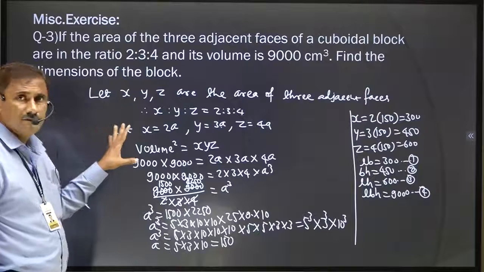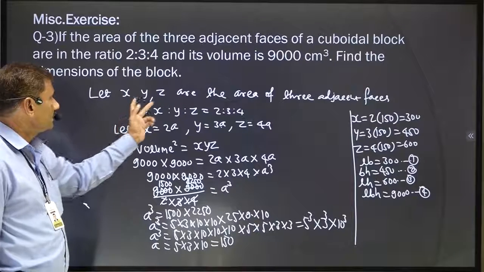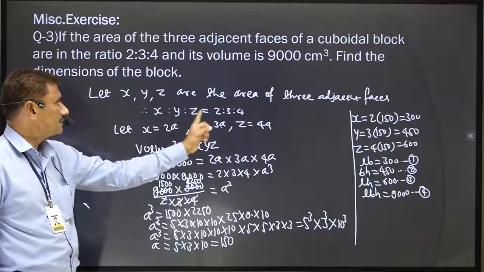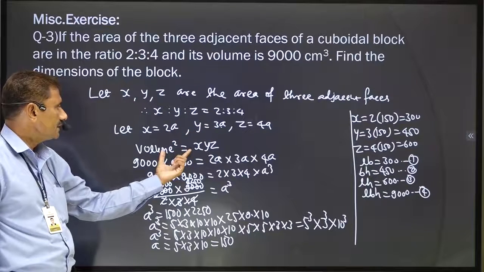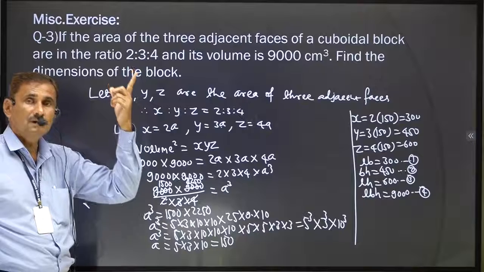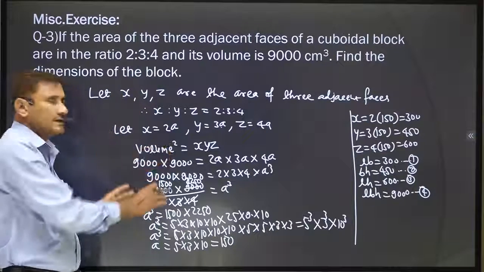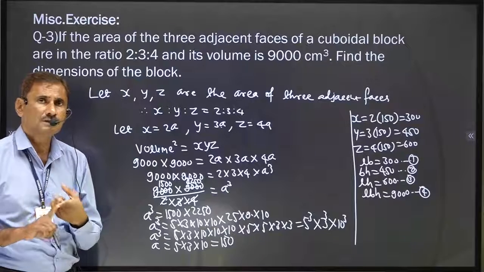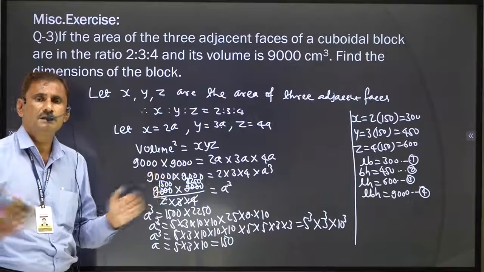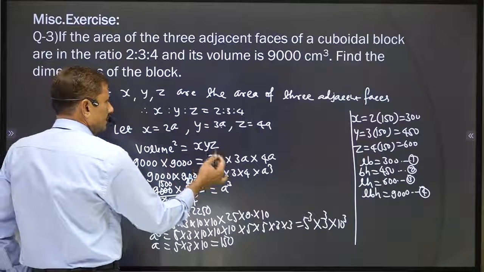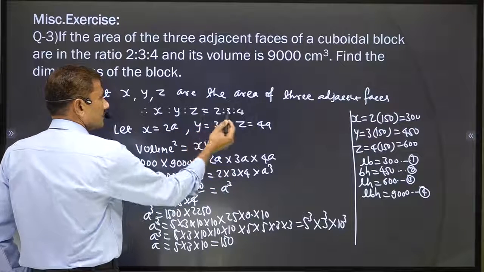So far, whatever we studied, just look here. First of all, they have given the ratio of the areas of the faces and we supposed they are x, y, z. So we use that result that we derived in a particular sum. Without using that result, you can also solve this sum. I will explain it later on, not now. So I used that, and supposed accordingly 2 is to 3 is to 4.